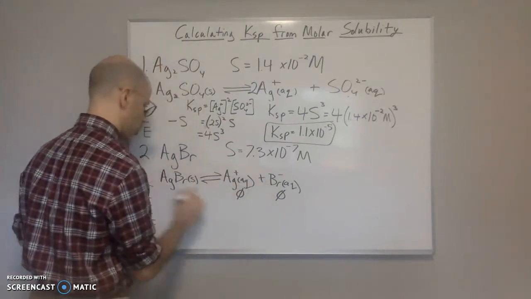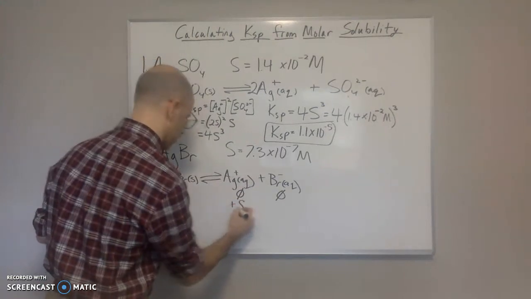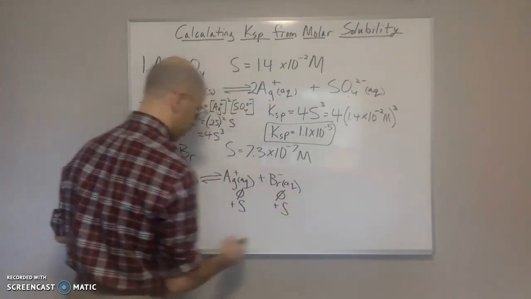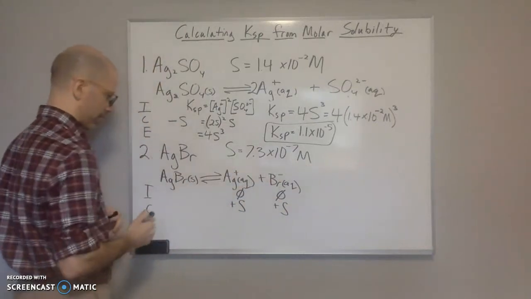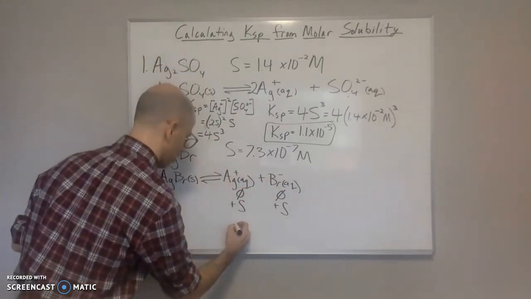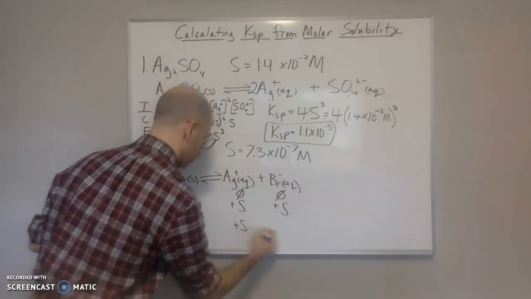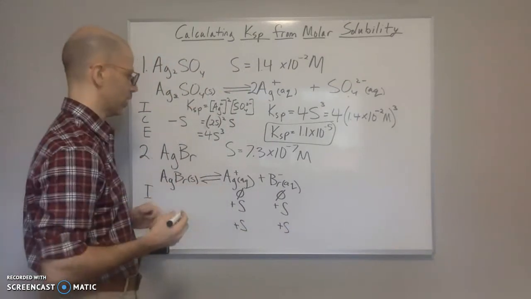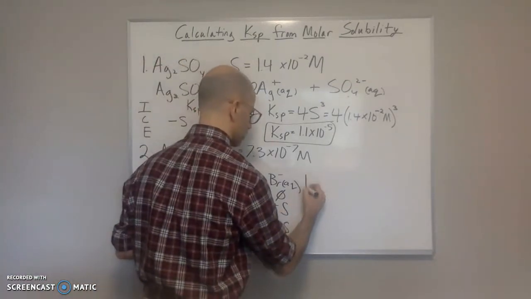Since it's 1 to 1 to 1, this is going to be a plus s, whatever the molar solubility is. Then we add these together, and the equilibrium amounts are plus s and plus s. So then we can do our Ksp expression.